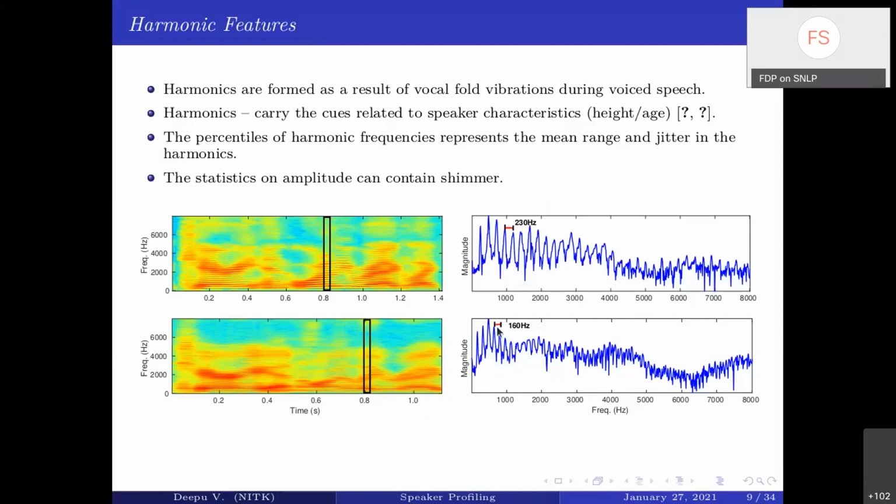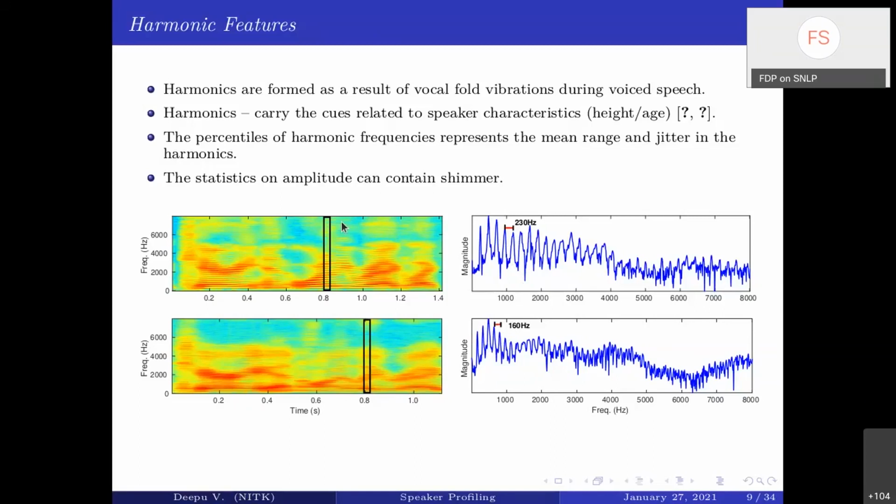The second one is a taller person, who has a smaller gap between the harmonics. I think that is a known fact: a larger vocal fold has a lower frequency of vibration, and a smaller vocal fold gives a high frequency vibration.